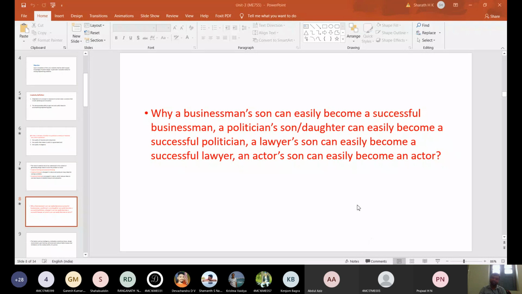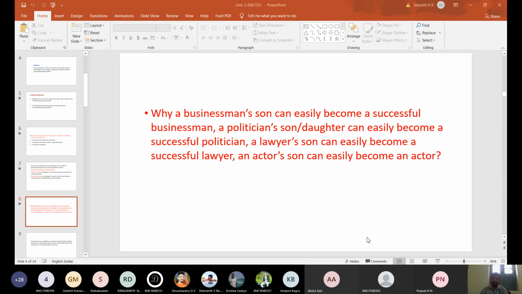Even in the case of cricket it will happen. Some of the family members of cricket players are also cricket players. Or even you can consider the son or daughter of a musician. There is more possibility that they also will be successful in the field of music.